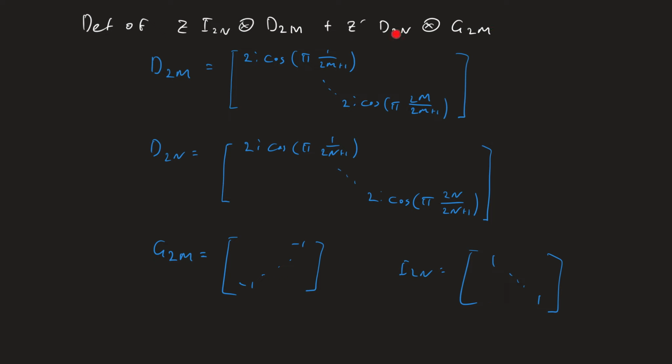The two D matrices are the eigenvalues of U_n, where n is the subscript of D, and the G matrix has -1s along the antidiagonal. This first matrix is diagonal, so that's straightforward, and this second matrix is block diagonal, where each block is antidiagonal.